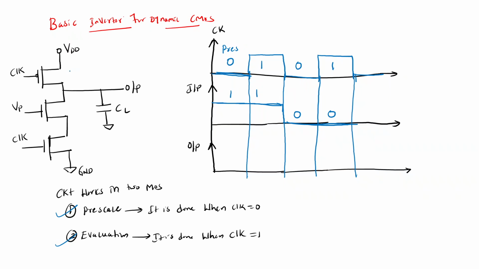Clock as 0 means the PMOS will be on, and input as 1 means the NMOS will be on, and clock as 0 means the evaluation transistor will be off. As this will be off, whatever the VDD is there will come to the output. So at precharge mode you will get VDD here. You are not getting the output. Clock is 0, input is 1, and based on that this will be operated.